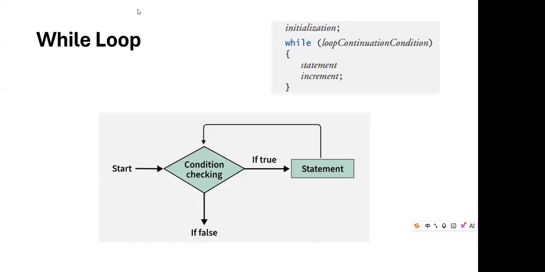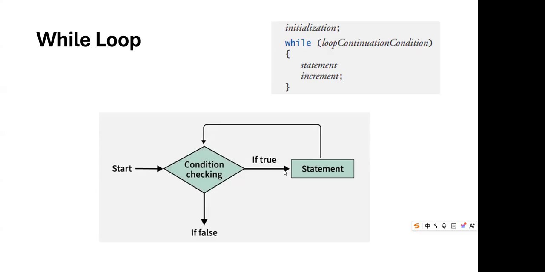And for the while loop here, we usually initialize something outside of the while loop, and in the Boolean expression here, we check its validity. So for the workflow, we start directly by going to the condition checking.